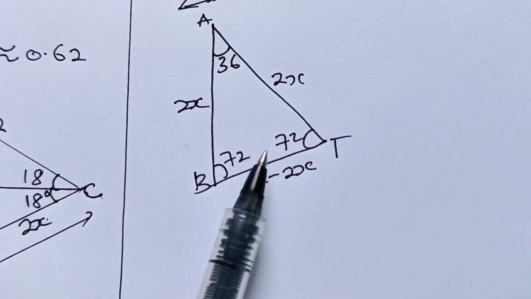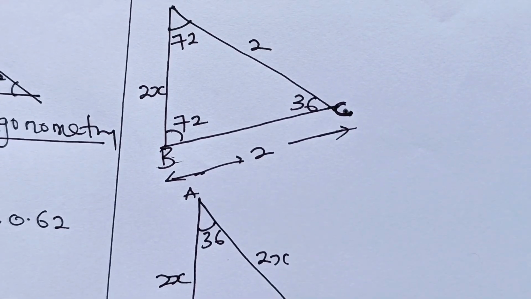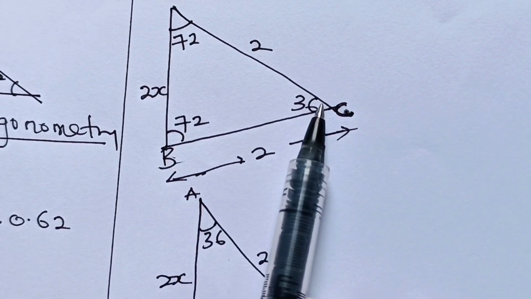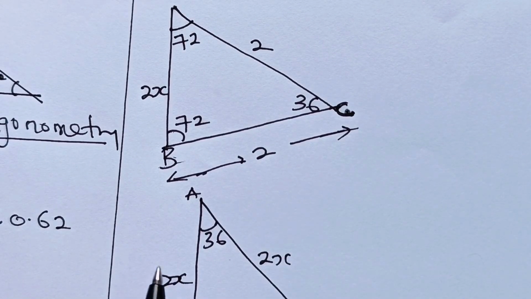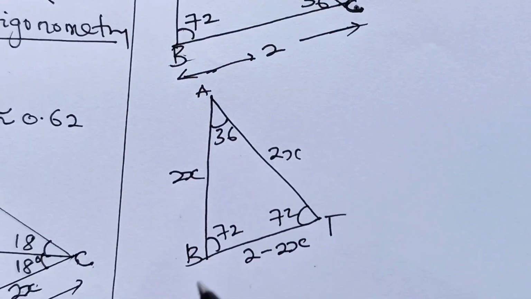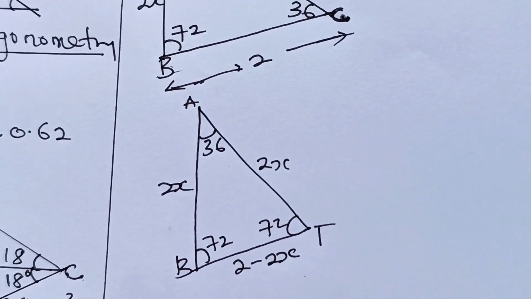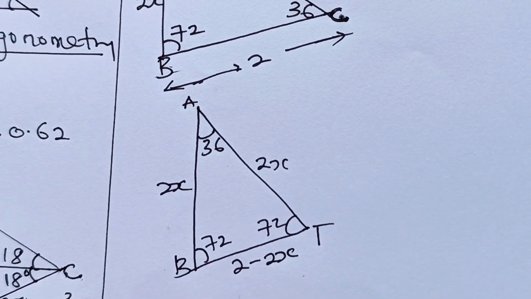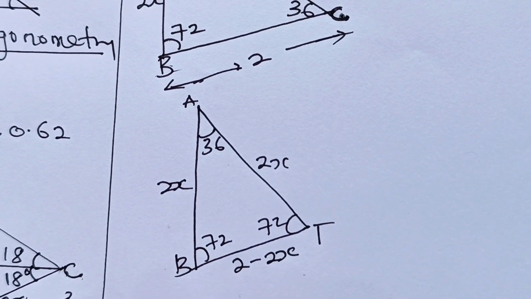Now, if you look at these two triangles, they are similar, right? Same angles, 72, 72, 36. Same sides, 2x, 2x, 2 minus 2x, and this is 2, 2, and 2x. So this implies, remember that the ratio of the corresponding sides of similar triangles are equal.